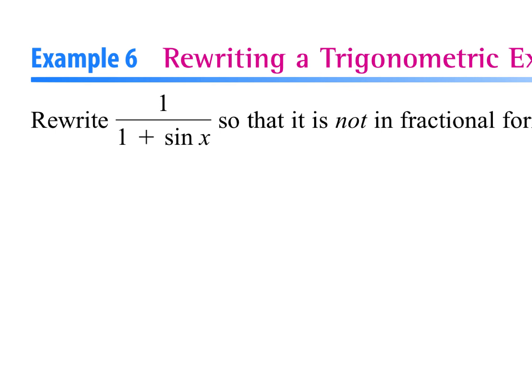You can't cancel out the ones because it's 1 plus sine on the bottom. If we multiplied by 1 plus sine, then we're changing the value of it. So we couldn't do that.